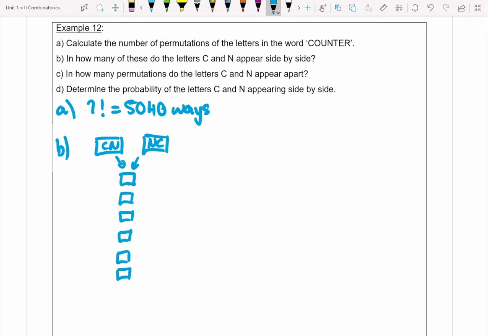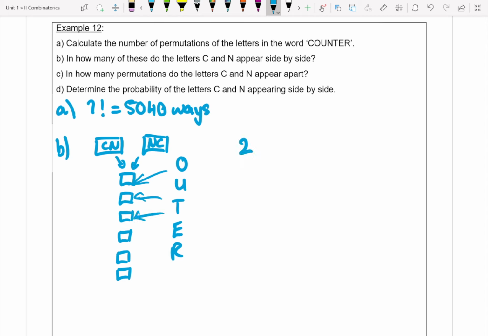Right, so CN or NC is going to go into one of these points. Then you'd also have O, U, T, E, and R. Hey, look, it spells outer. So all of these 6 possibilities, so these 5, and then this joint possibility that's either NC or CN, are going to be placed into these positions randomly.